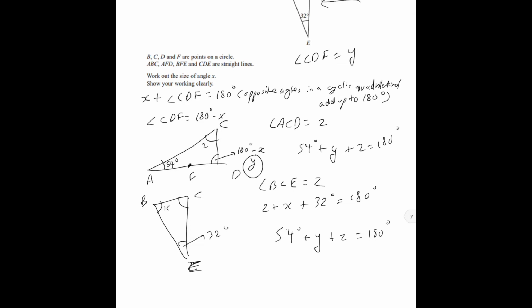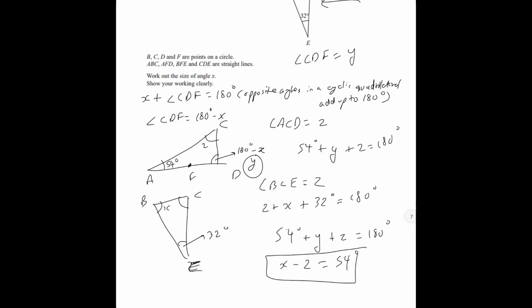So in order to find out what Y is, we replace Y with X, and we get the equation X minus 2 is equal to 54 degrees in the question.